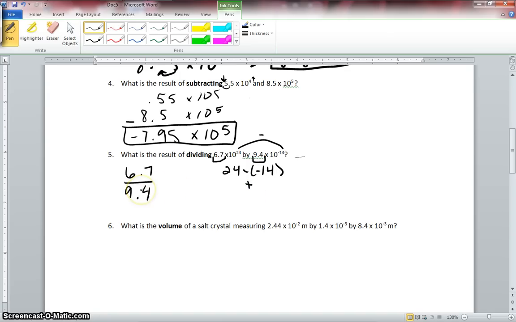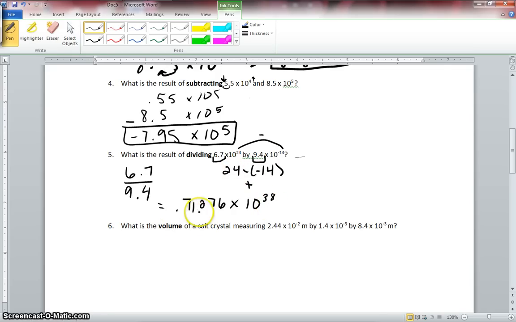So let's go ahead and plug that into our calculator. 6.7 divided by 9.4 is equal to 0.71276 times 10 to the 38th. If we do 24 plus 14, it's 38.